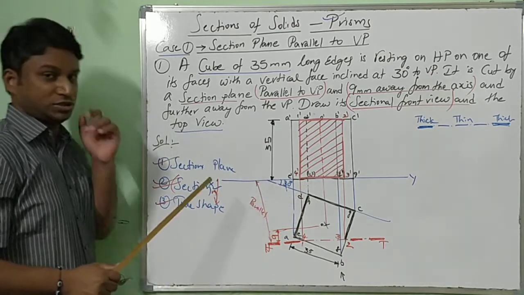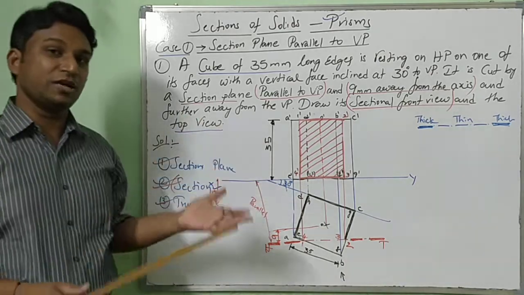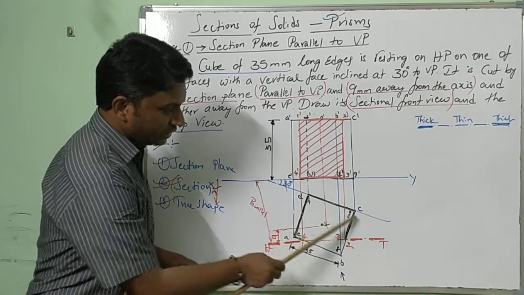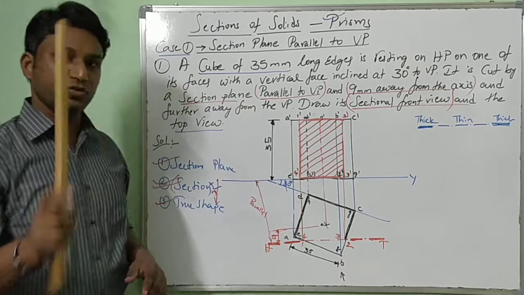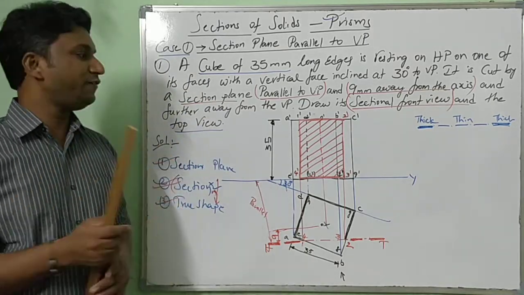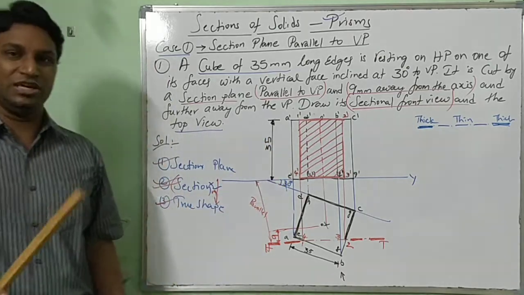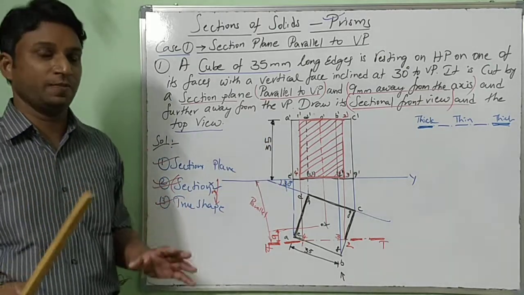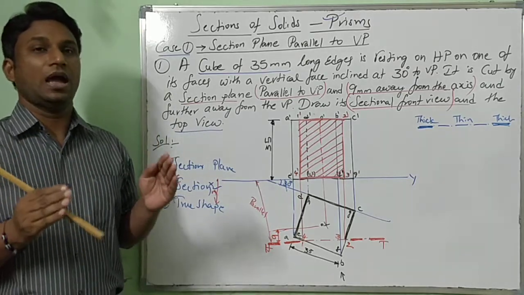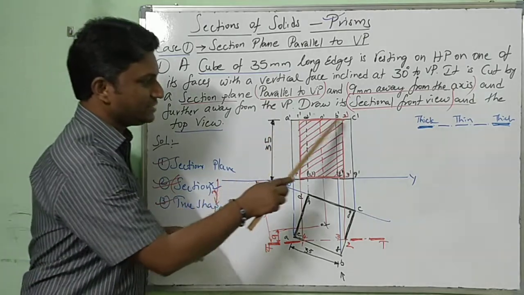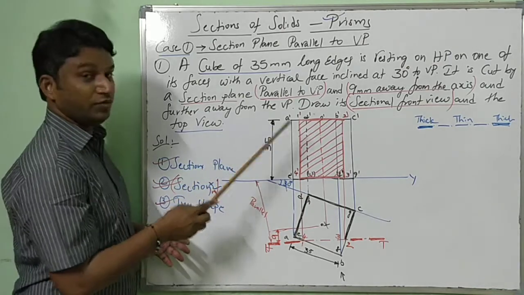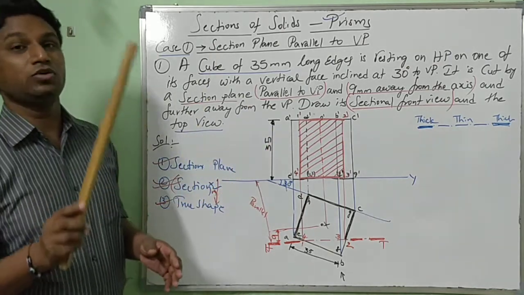Try to thicken the box. Whatever the backside projections of solids, they should all be light. Whatever is the sectional top view, and this sectional front view, should be thick. To show it specifically, the sectional front view should be hatched. H-A-T-C-H-I-N-G, hatching. Hatching is nothing but drawing parallel lines at regular intervals inside the sectional front view, which are inclined, not parallel to the sides.